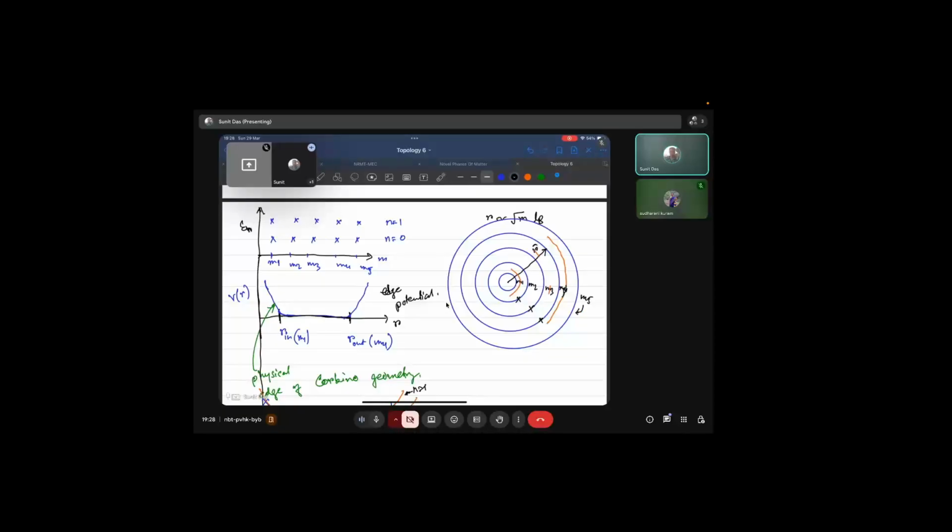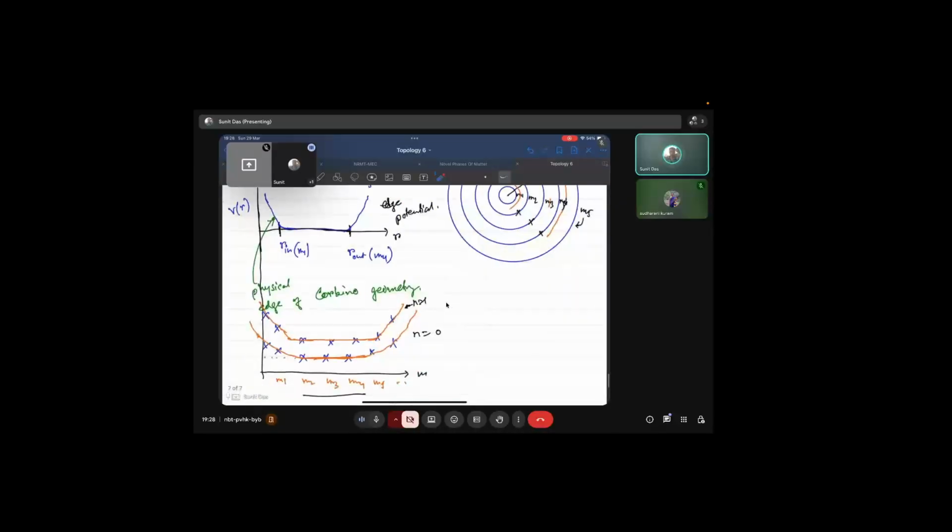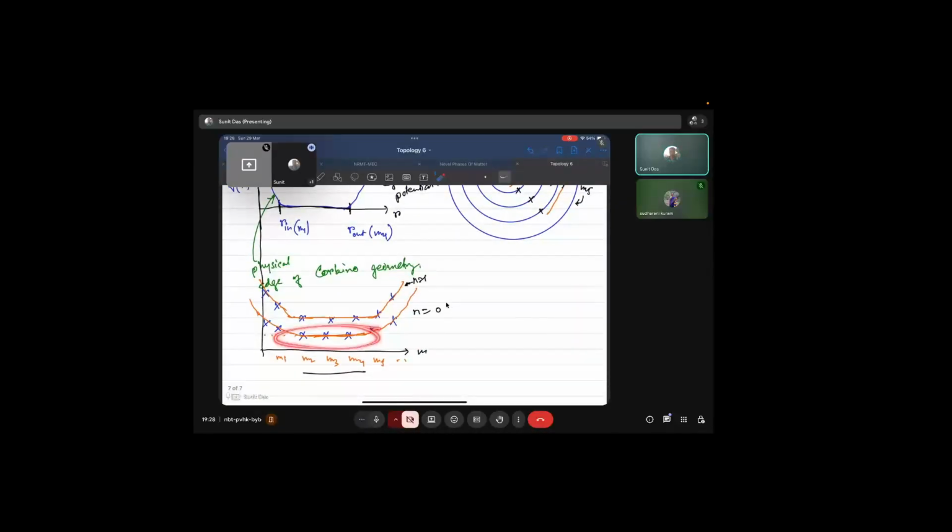M2, M3, and M4 are within the bulk, so they have the same energy as earlier.